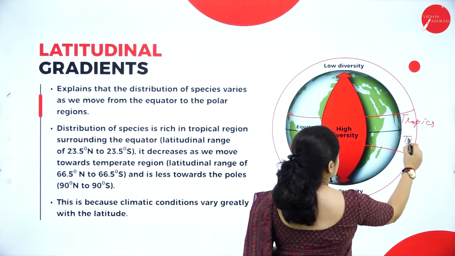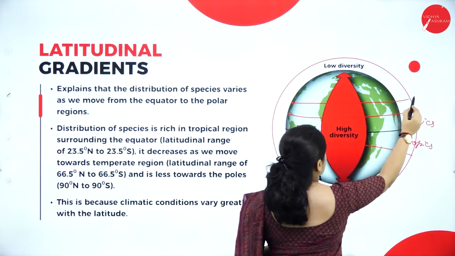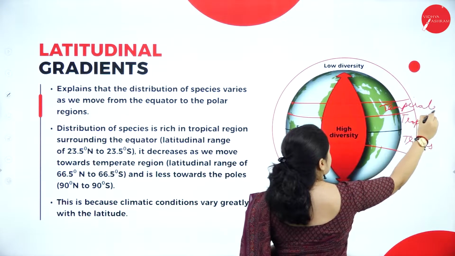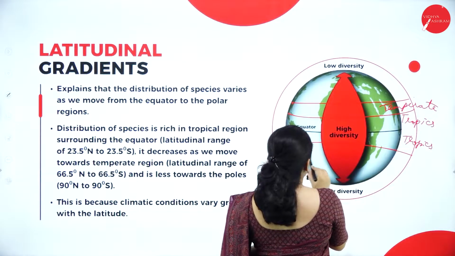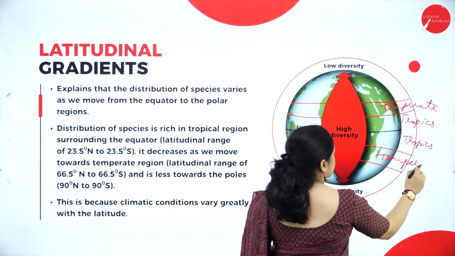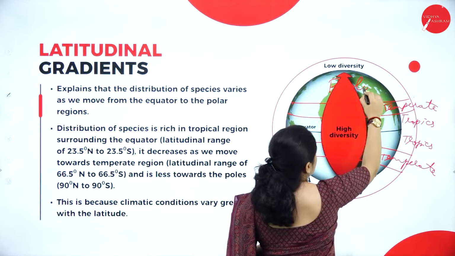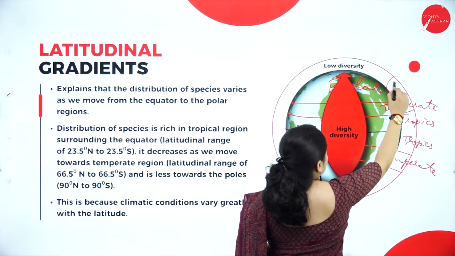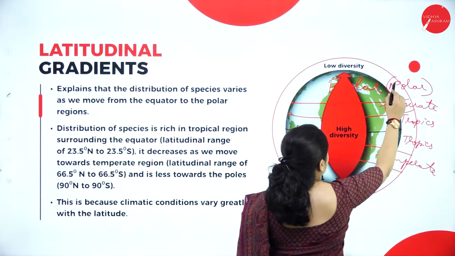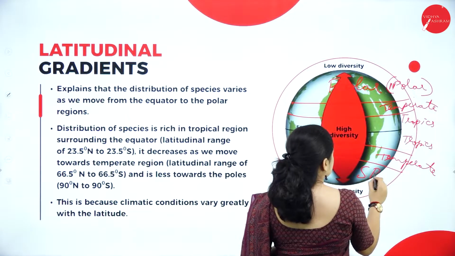Then comes the temperate region, again towards the north and towards the south, and the last one is the polar region, the North Pole, and here again the South Pole.